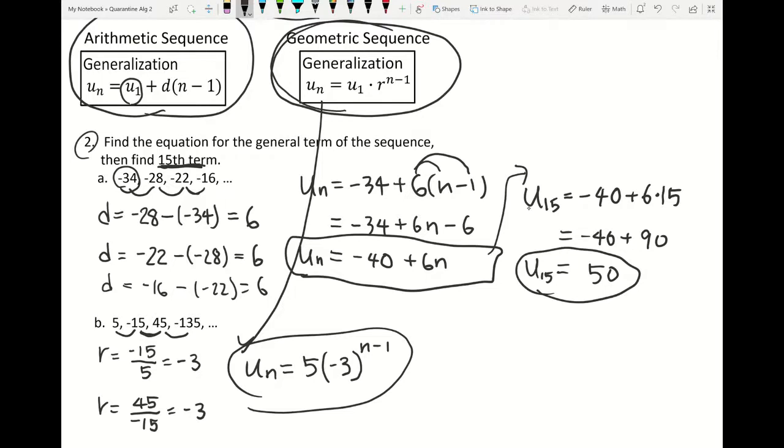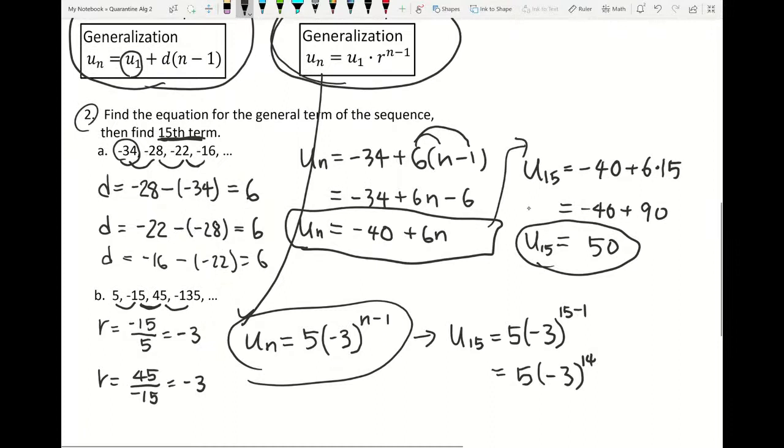Now let's figure out the 15th term. So U sub 15 is 5 times negative 3 to the 15 minus 1. Well, let's write it down. And that's 14. So you've got 5 times negative 3 to the 14th. Now, I just want to make sure that you do this correctly with your calculator. To do this first, you have to do negative 3 to the 14th power and negative 3 with parentheses around it.